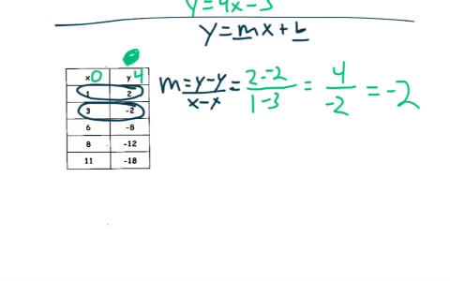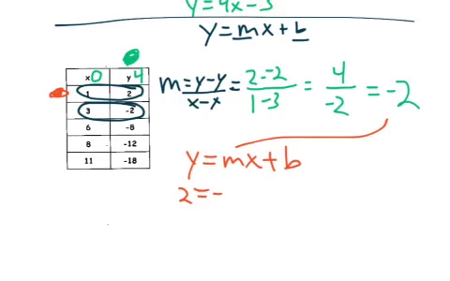Or the other way, which you learned on the previous page, and I'll do this quickly, is to just do y equals mx plus b. Okay, and steal a y and an x. So we'll steal 1 and 2 here. So I'll replace the y with a 2. We found m to be negative 2. x, again, we'll steal from the table.